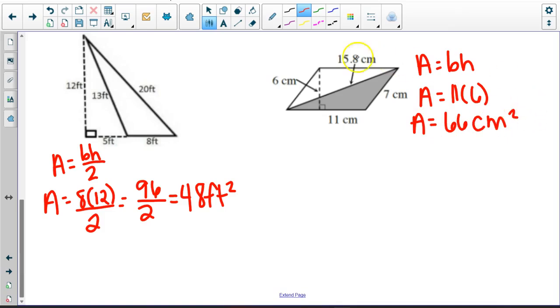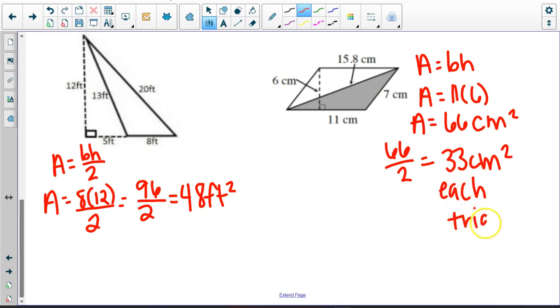Now that's for my whole shape here. If I just want this one triangle, I'm going to have to split it in half. So I'm going to take my 66 and divide it by 2 to get 33 centimeters squared for each triangle. Okay, and that is how you find the area of a triangle.